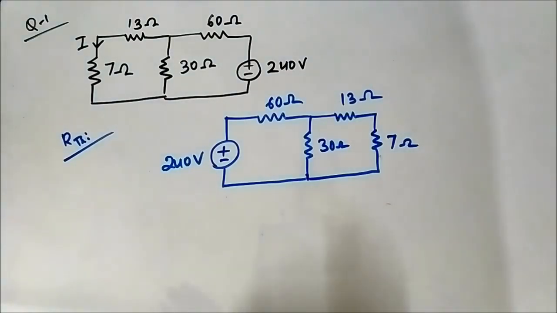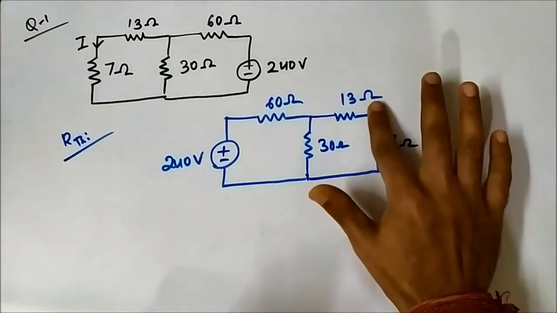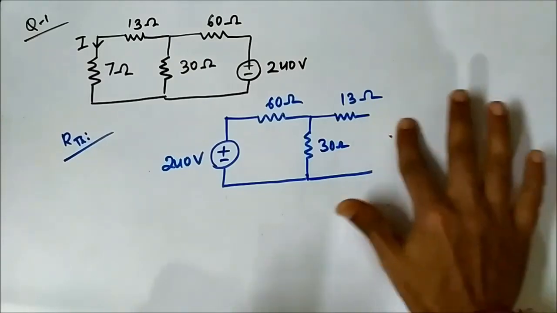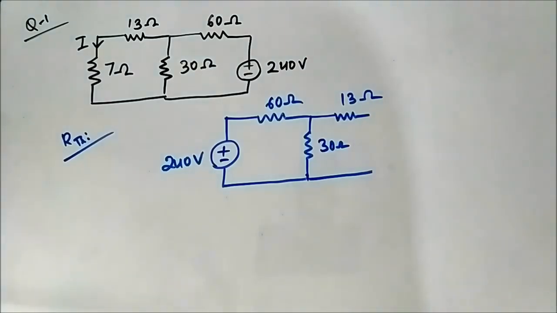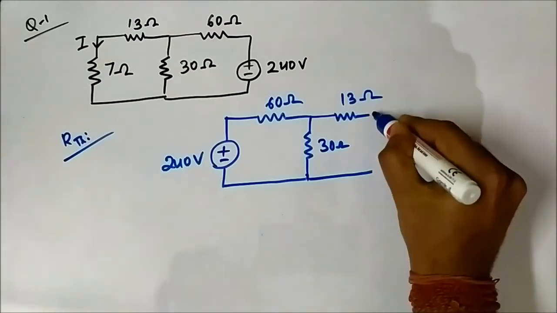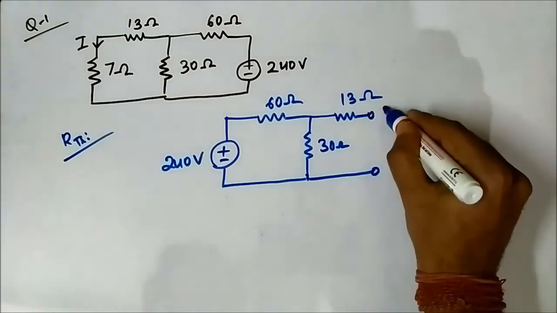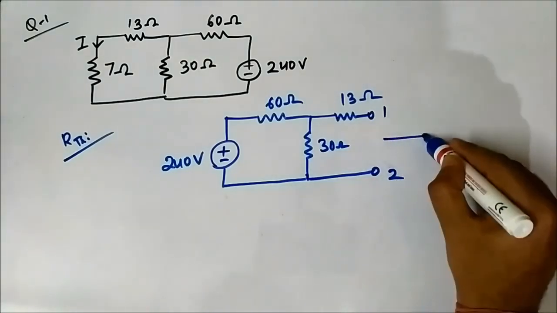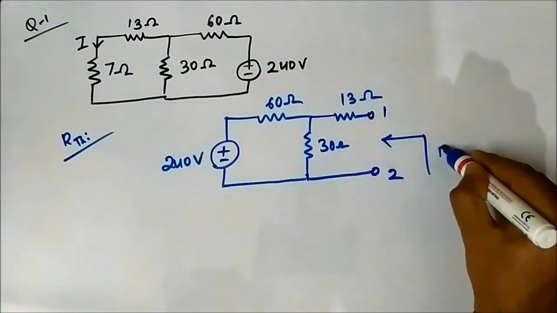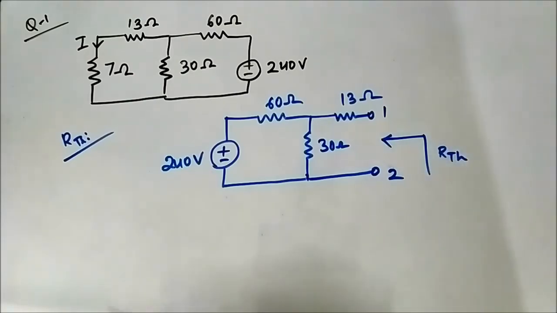So for doing that, again we remove the 7 ohm resistor, same as we did for VTH calculation, points 1, 2. Across these two points, we have to determine RTH.